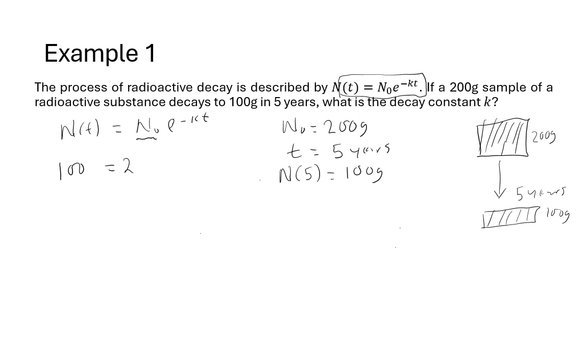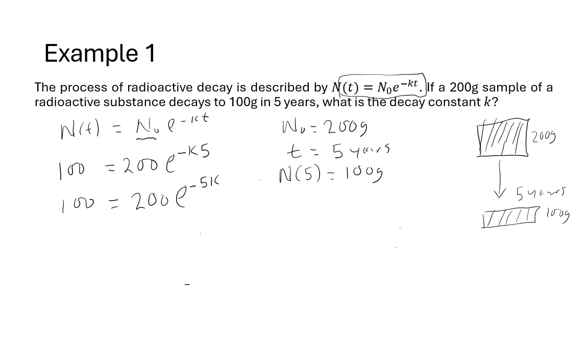It is equal to N naught, which is 200, exponential minus k times t, which is 5. Let me rewrite it as 100 is equal to 200 exponential minus 5k. I prefer it like this, 5k is just the same, a times b is the same as b times a.